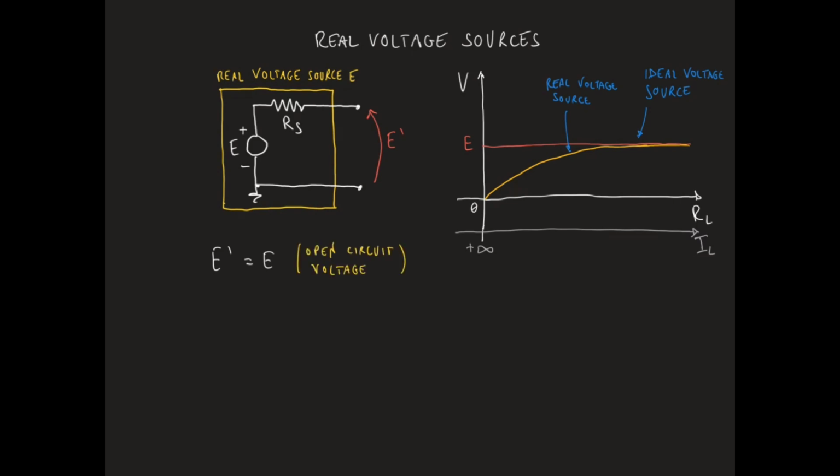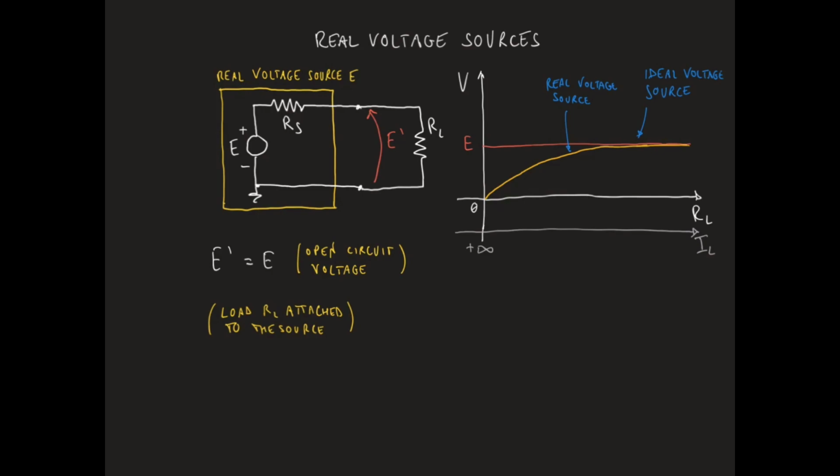What happens is that if we connect a resistive load, RL, at the output of the voltage source, you should be able to recognize by now that the circuit we have obtained is a voltage divider consisting of a voltage source E and two resistors RS and RL.